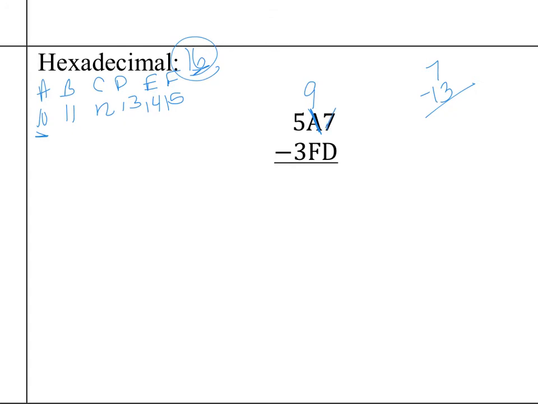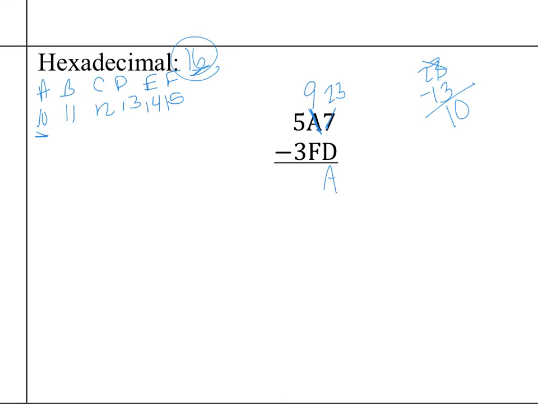It is 23, because 16 plus 7 is 23. So instead of 7 minus 13, it's 23 minus 13, which is 10. And 10 is A.